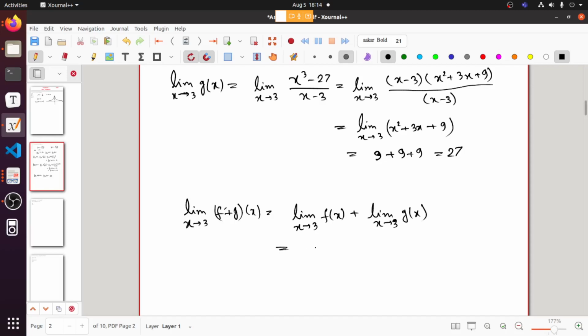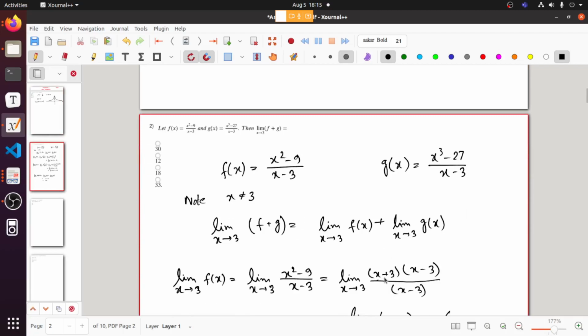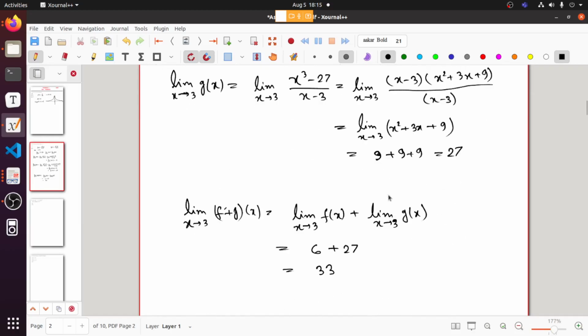So it will be, under the first one, 6 plus 27. So what is this? This is 33, right? So we get the limit of f plus g is 33 as x tends to 3. So which option is correct? So option 4, D. Right? So this one is correct. So 33 is the answer. Is this fine? Any doubt?